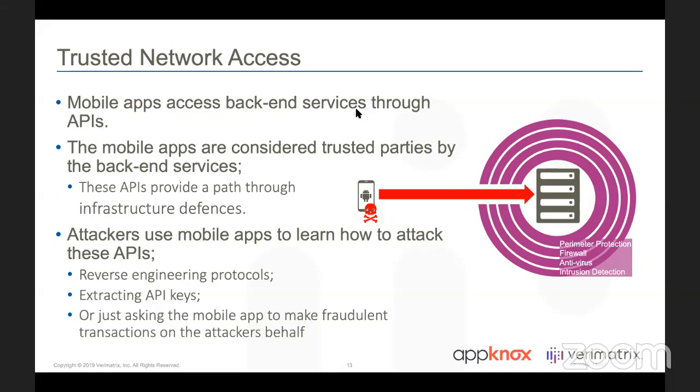And if an attacker can get into the mobile application, and understand how to gain that trusted access through reverse engineering the application, then they can start to not just attack the application, but also attack the backend services. So it's important to build API security, not open up more than you have to. But it's also important to remember to secure the endpoint, to secure what's talking in, so that an attacker can't learn to reverse engineer and learn how to access the back end.